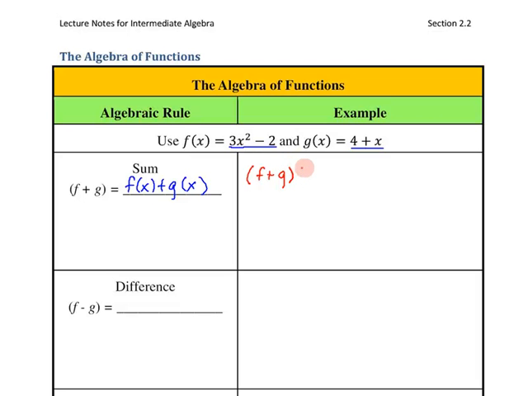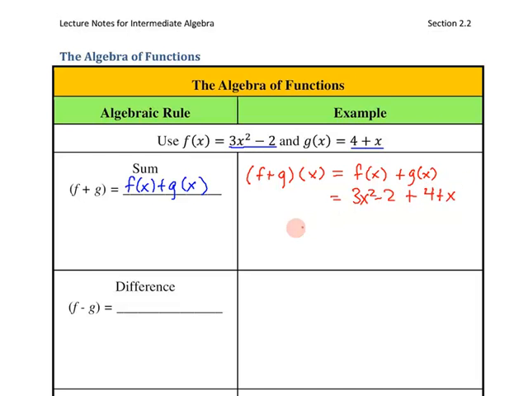So I'm going to write this in function notation. This is the name of the function, f plus g. It is dependent on the variable x. So this is f plus g of x, and I get it by taking f of x plus g of x. In other words, I take 3x squared minus 2 in this example and add 4 plus x.